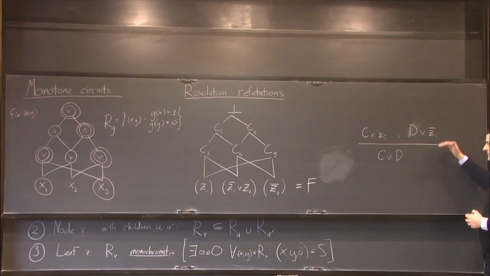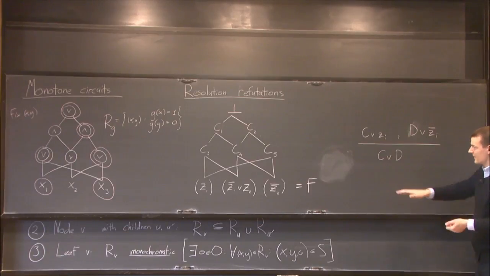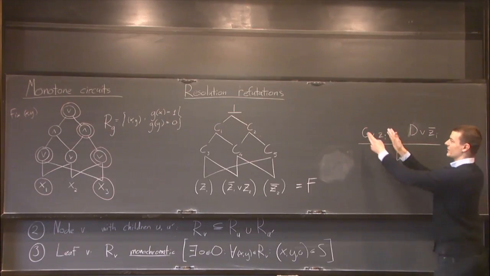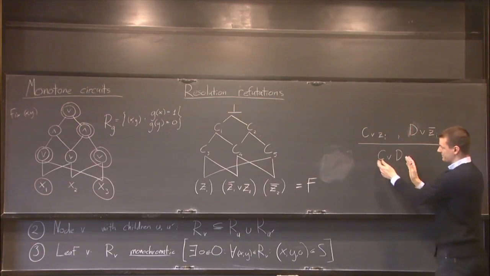So that's a sound inference rule in the sense that for any truth assignment to the variables, if they satisfy this clause and this clause, then it needs to satisfy this clause.